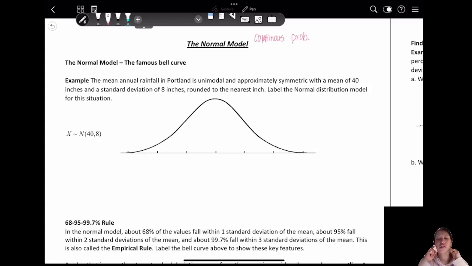But continuous probability is by measure, such as your height, your weight, the time that you use to commute, the volume, and so on. These are continuous probability. So normal distribution is a type of continuous probability.